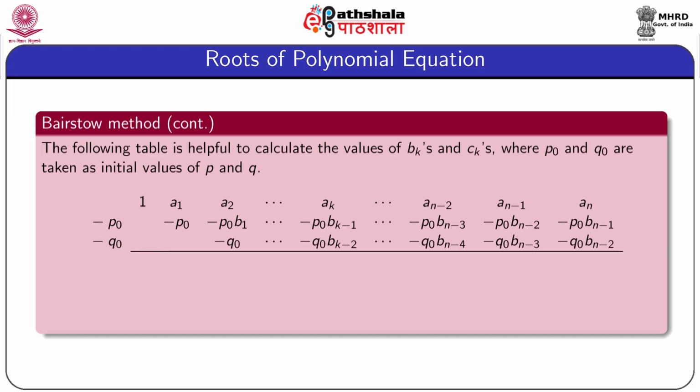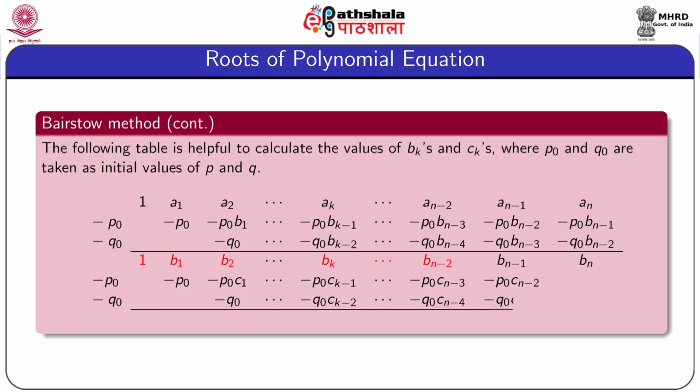The third row is obtained in the same way by multiplying b1 to b_{n-1} by minus q0, and the sum of the first column after 1 represents b1, that means a1 minus p0 is b1. a2 minus b0 p0 minus q0 is b2, and so on. And lastly, bn is the sum of an, minus p0 b_{n-1} and minus q0 b_{n-2}.